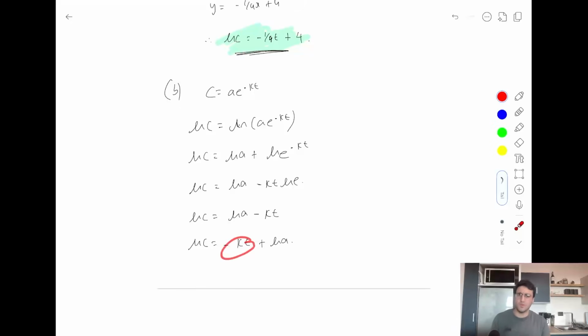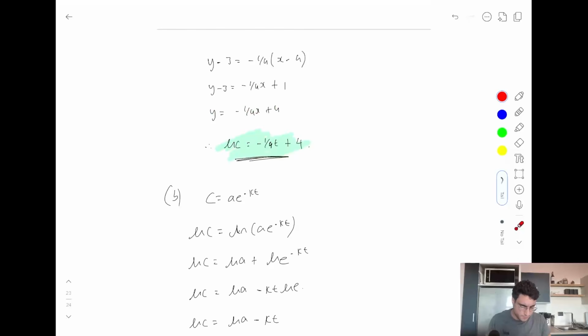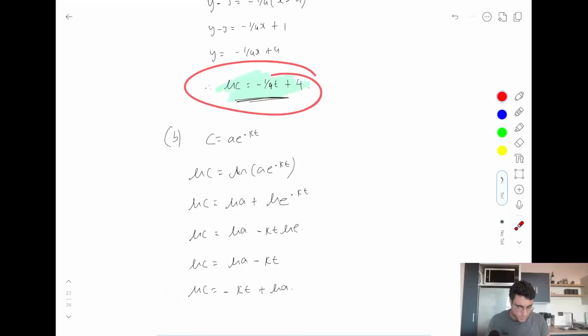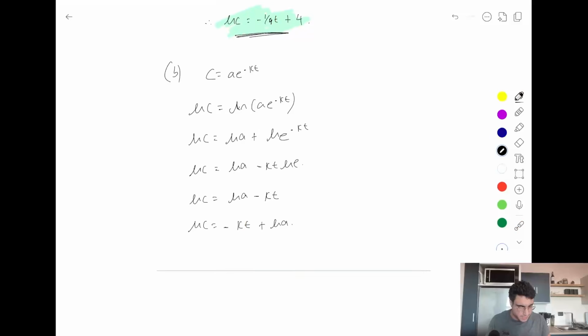And so how do we find K now? Where does K come from? Well, think about it. Corresponding it, this is the same equation. So if we've got negative a quarter here and negative K here, that must mean that K is equal to 0.25.